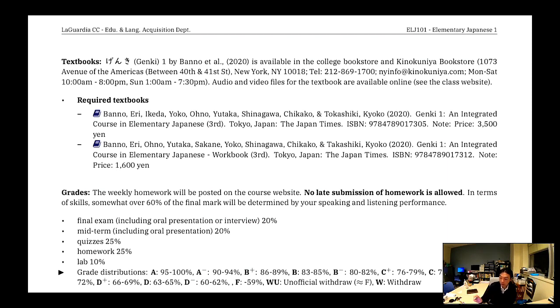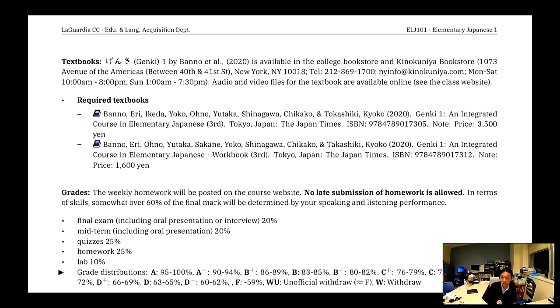The workbook was also published. You use the workbook for your assignments, and it's usually a good idea to get the third edition. There are differences between the second and third editions, but it's better to get the latest edition of the workbook because of the page numbers.